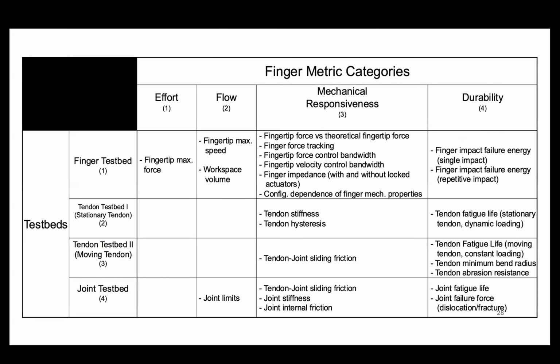From that categorization, in that finger model, we derived a bunch of different metrics that give us insight into where some issues in robot dexterity are coming from. Using these metrics, we also identified which test beds we will need to evaluate the metrics. This matrix of metrics is organized in columns by the finger metric categories and in rows by the test beds. This brings us to our second objective, which is creating test beds for evaluating these metrics.